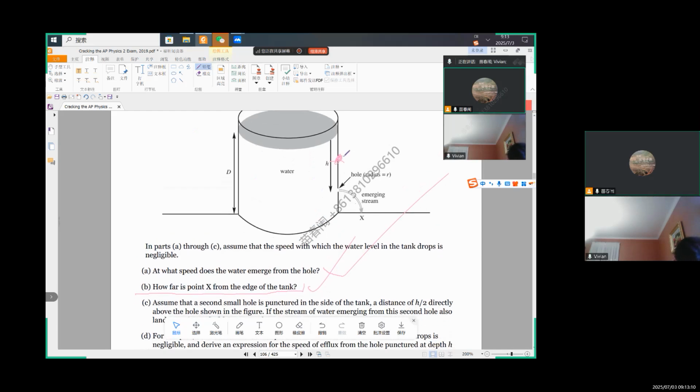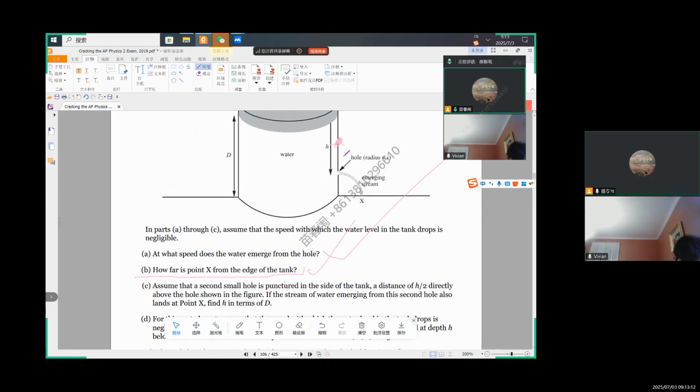If the stream of water emerging from the second hole also lands on X, wow, talk about coincidence. Find h in terms of D. Same location as point X. So H and D have a relationship.